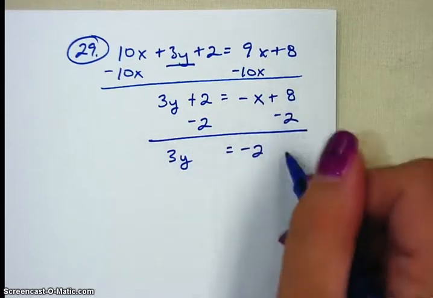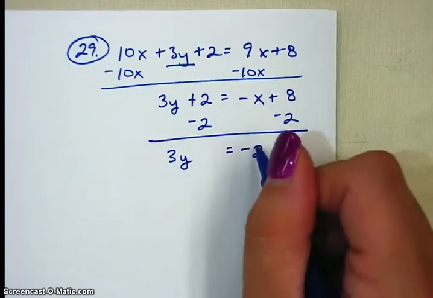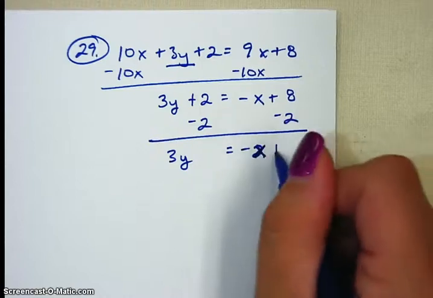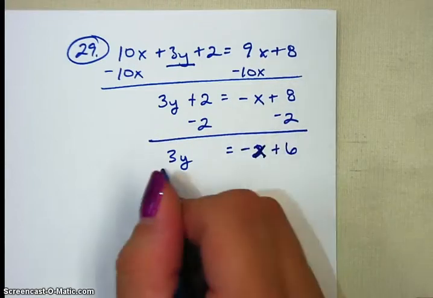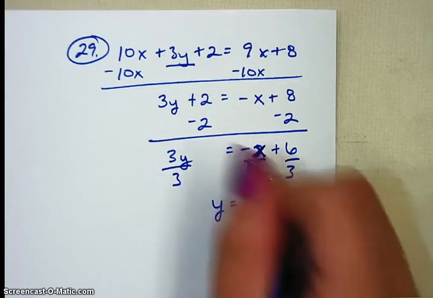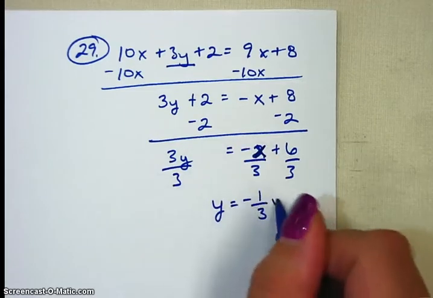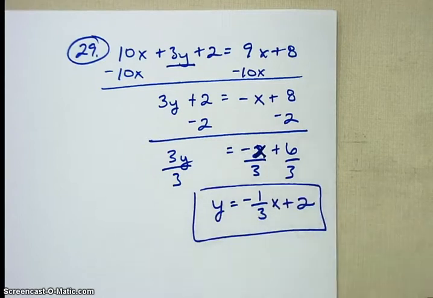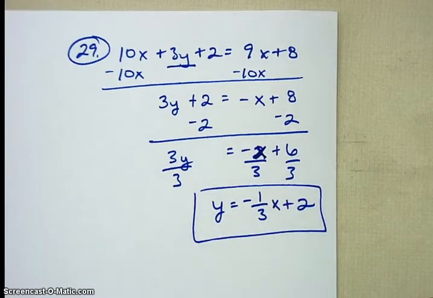I put it under the 8 because those are both constants. Okay, let's try making that an x. Plus 6. Now I can finally divide all my terms by 3. So y equals negative 1/3 x plus 2. Be very careful of where your x is placed. It should be out to the side or up on top.